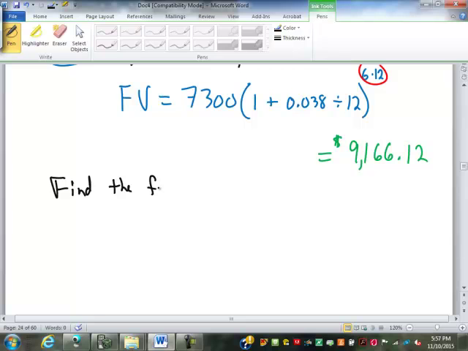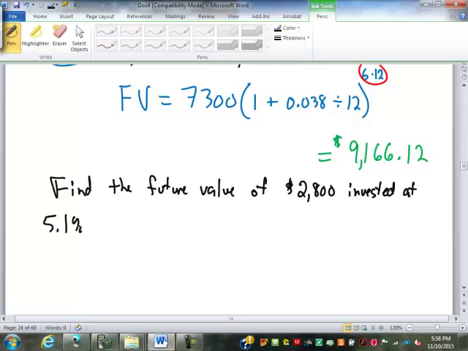Find the future value of $2,800 invested at 5.1% compounded semi-annually for 4 years.